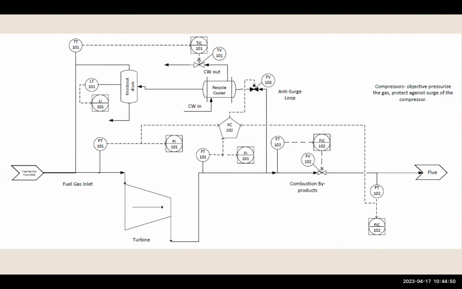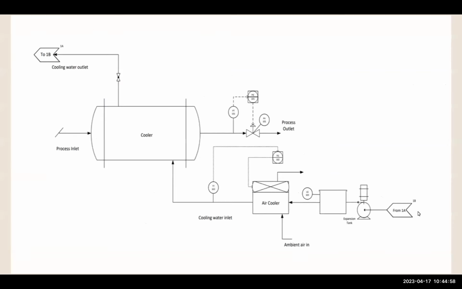So this takes some of the natural gas and combusts it to create the power for the compressor, as I said before. And here is our recycle heat exchanger, where we have the associated cooling water loop, which includes the air cooler, the expansion tank, and the water pump. And there are pressure and temperature controls, which are associated with those streams.